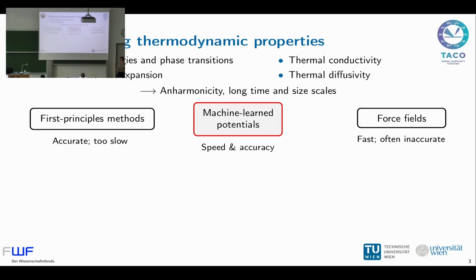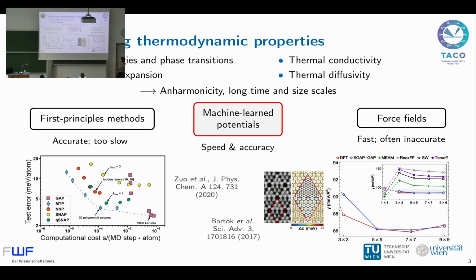So machine learned potentials are really one of the common threads of the theory projects of TACO, and they offer the required speed and accuracy. As you can see here, this plot shows a benchmark of the computational cost per MD step and per atom of different machine learned potentials versus also the errors.